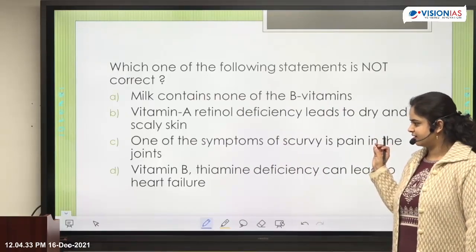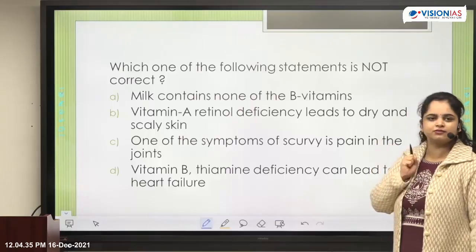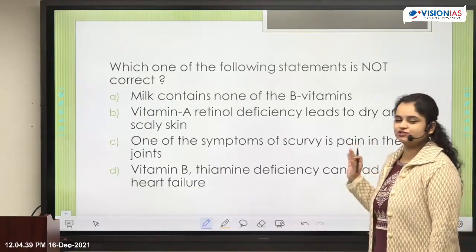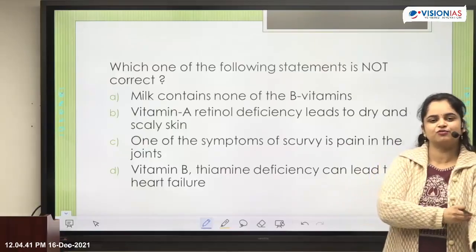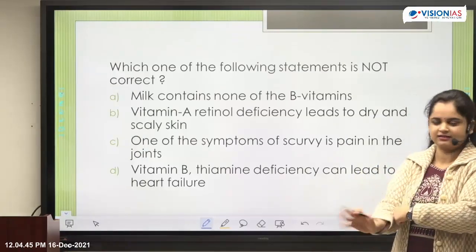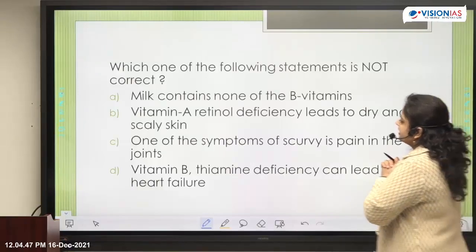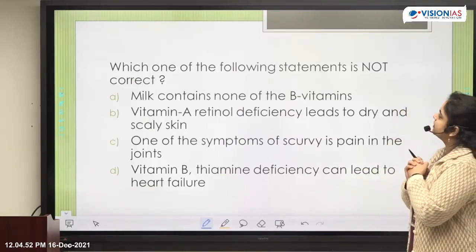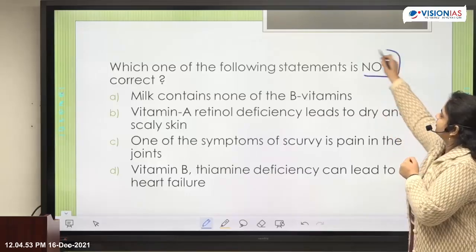So we have answers as A also. This question has been shown to you to make you understand three things basically. First thing is that the question here says which one of the following statements is not correct.